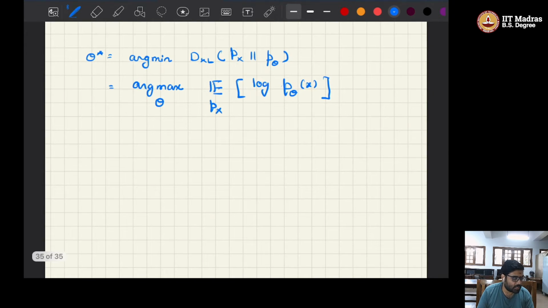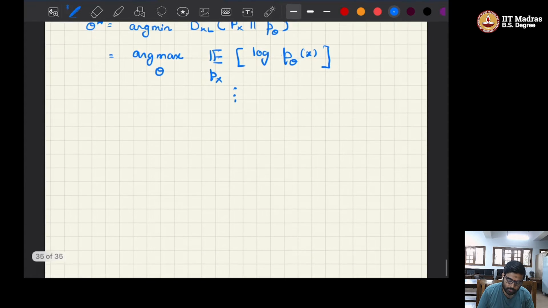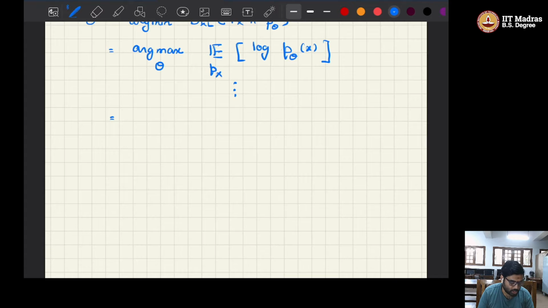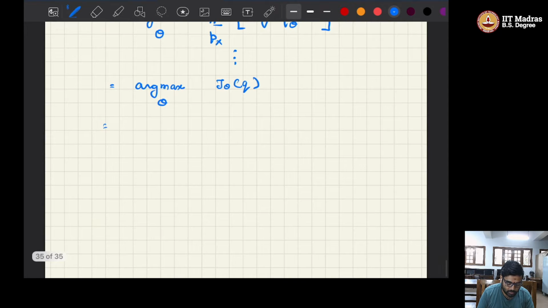And from here, I assume that you know how to derive the ELBO. I'm just keeping it as dots. This is nothing but the argmax of theta. We call it J theta, q.